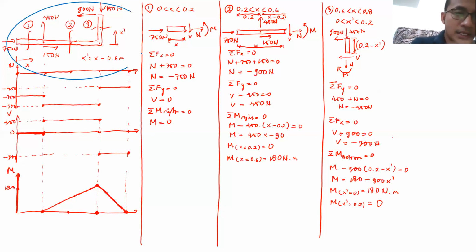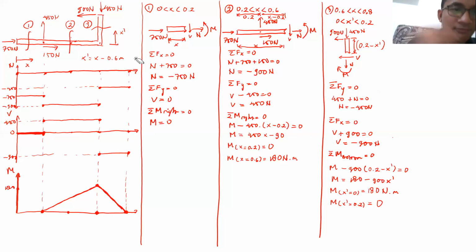In the main free body diagram, in order to simplify the calculation, I define that from this particular point going up, the distance there will be the x-axis.